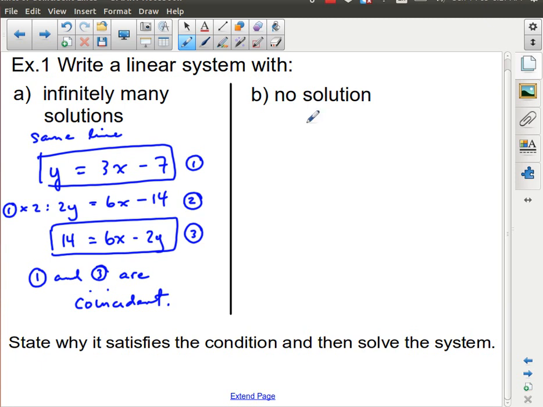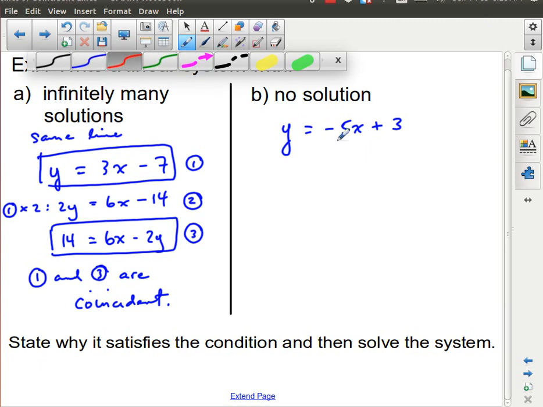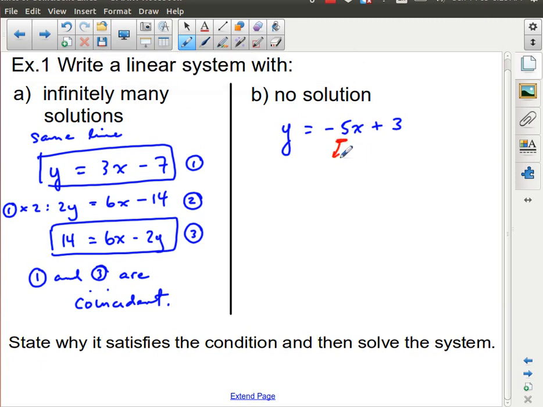So let's draw two lines that are parallel. Y equals negative 5x plus 3. And in order for me to have no solution, the slopes have to be the same, and the y-intercept has to be different.